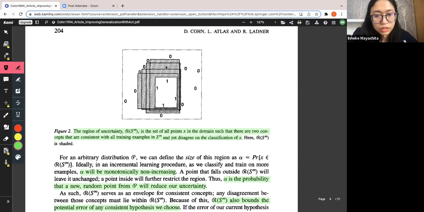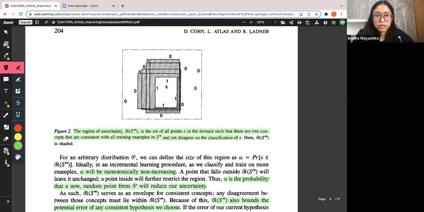Because imagine if we sample from the white areas, where all of the concepts agree that the point is classified as 0, or from the inner intersection where all of the concepts agree that the examples are classified as 1, there is no point.